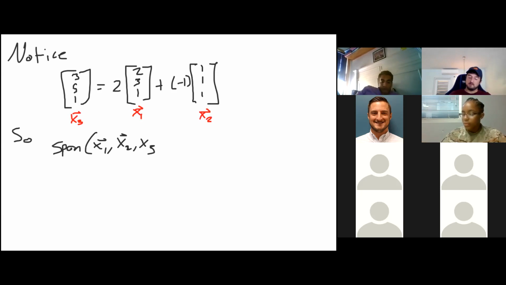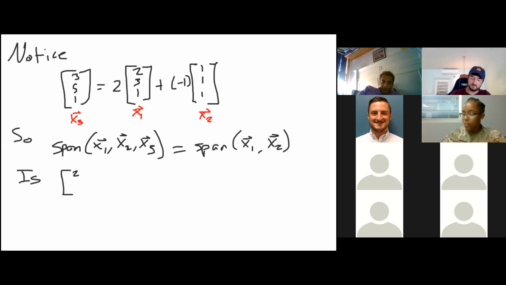Anything that x3 contributed to this span can be covered by the vectors x1 and x2, which means the span of x1, x2, and x3 is really just the span of the first two vectors. I only need to use those first two vectors, x1 and x2, to recreate this span. So then the next question is, are those two vectors 2, 3, 1 and 1, 1, 1 linearly independent?